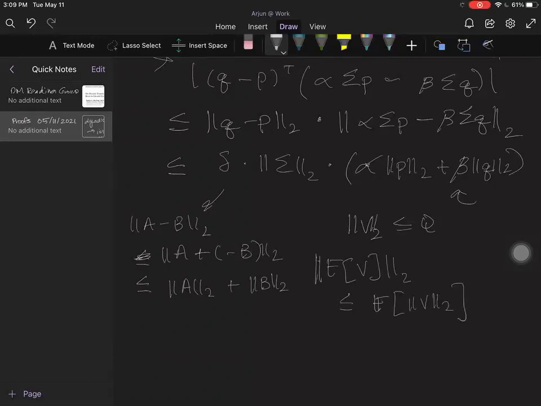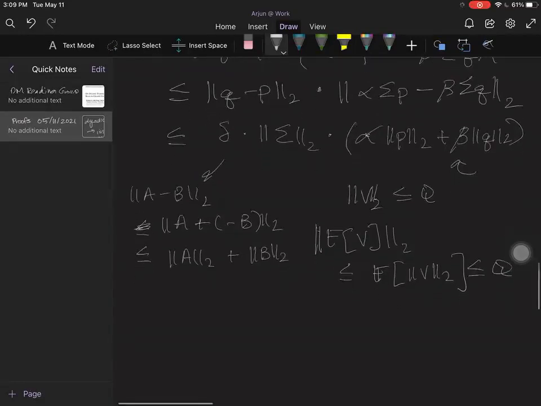And we know that the norm of V is less than or equal to Q, which means that the expectation of this is going to be less than or equal to Q. Therefore, we can bound P by Q, and we can also say the norm of this other average is going to be less than or equal to Q.